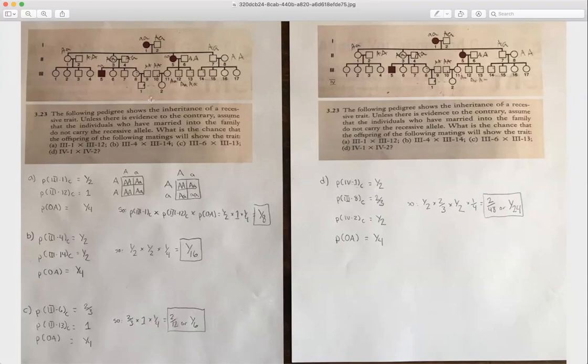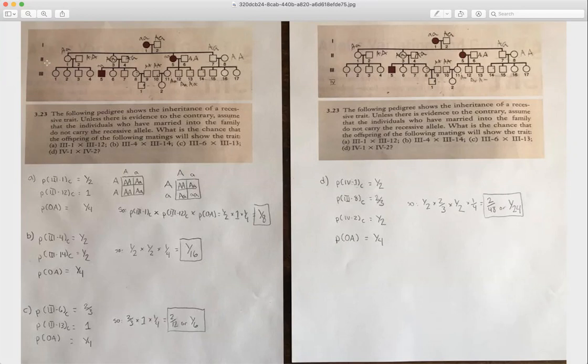In these pedigree problems, the most important thing to do in the beginning is to write out all of the genotypes that you already know. So let's just do this for the pedigree. Starting up here at the first generation, individual 1,1 we know has the trait, that's little a a. Individual 1,2, looking at it at first glance, you might think can be big A, big A, or big A, little a.